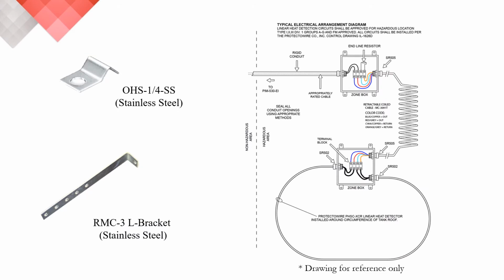If you look to the far right of this slide, you'll see a drawing depicting the MS3091T retractable cable. Just to clarify, this picture shows the zone boxes applicable to Protectowire PHSC XCR. This is standard Protectowire PHSC requirements.